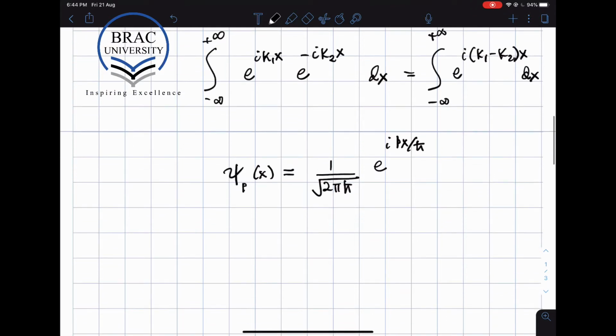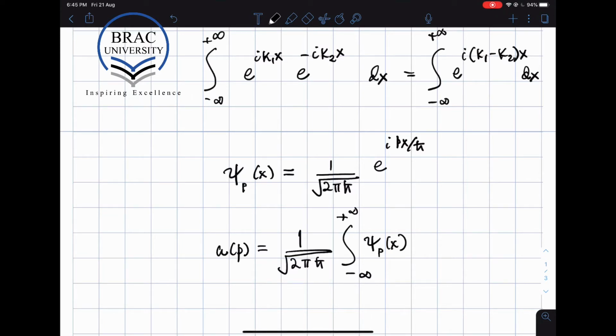Now, if I'm going to find out what the Fourier transform of this is, then my Fourier transform formula is given by 1 over the square root of 2 pi h bar. I integrate this from minus infinity to plus infinity, and the argument is my function.